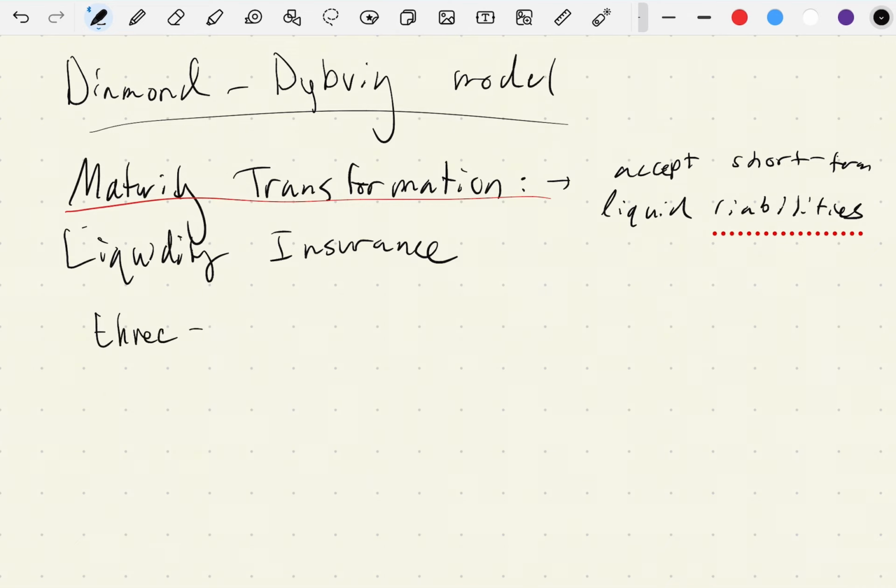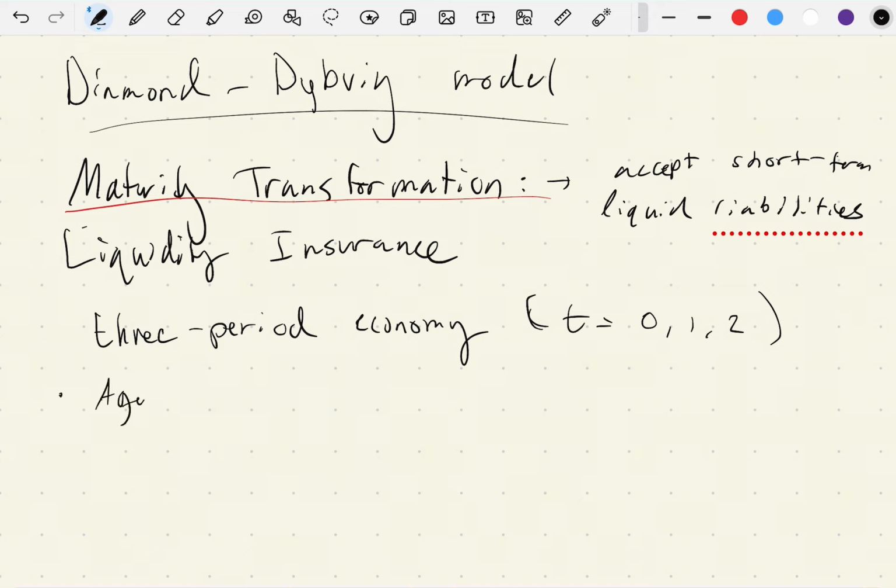So let's illustrate this with a three-period economy. This just means that t can be equal to 0, 1, or 2. These are the periods. And let's define something called an agent.